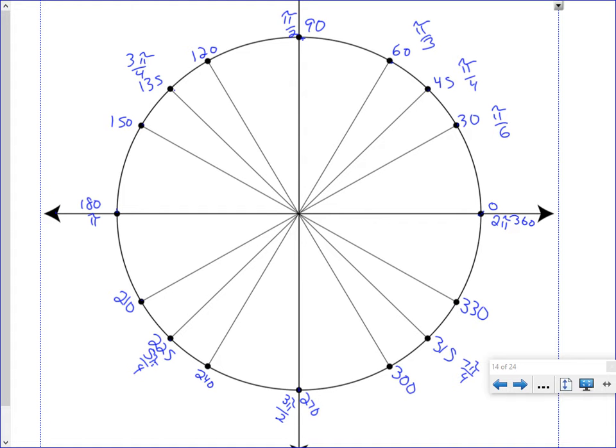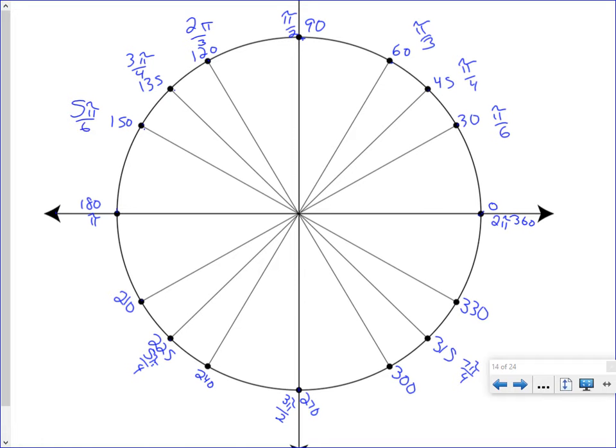Then we get 4 pi over 6, 5 pi over 6, 6 pi over 6, 7 pi over 6, 8 pi over 6, which is the same thing as 4 pi over 3. 9 pi over 6, which is 3 pi over 2. 10 pi over 6, which is 5 pi over 3.